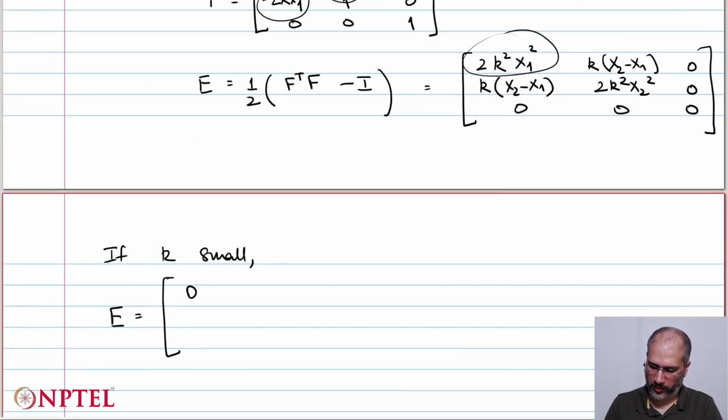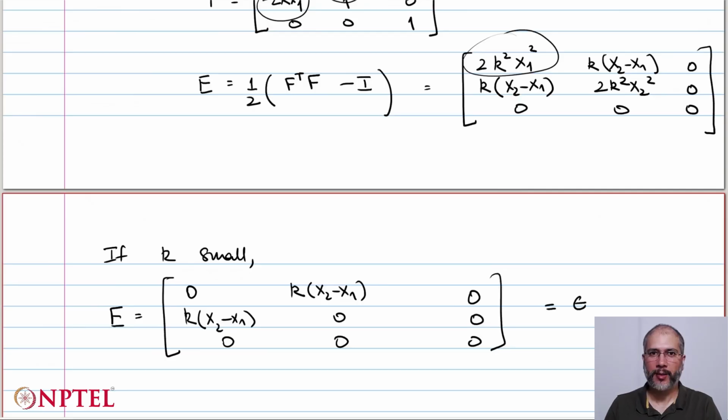So this is 0. k times (x2 minus x1) is retained because it only has one k, and similarly we have the other terms, and this indeed is our epsilon. So that completes part B.